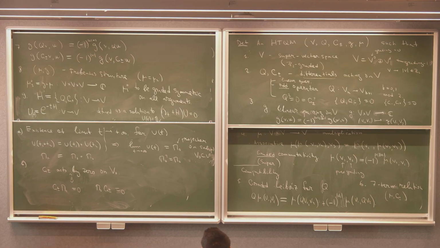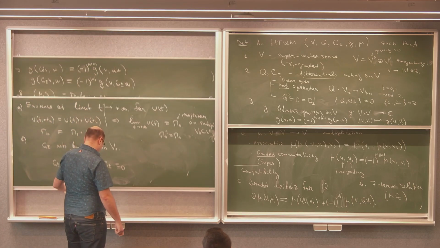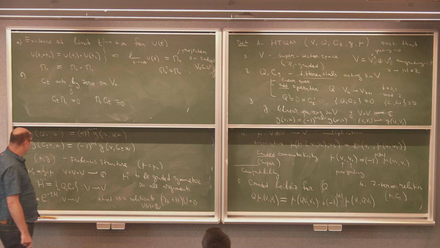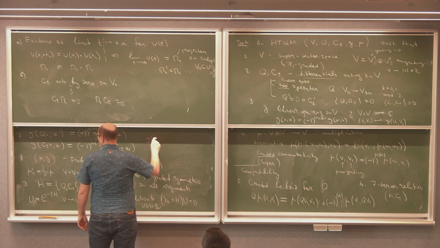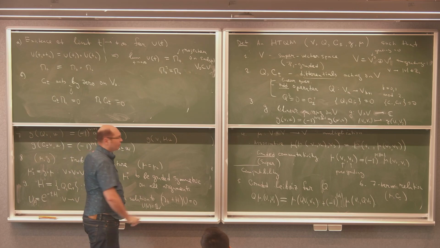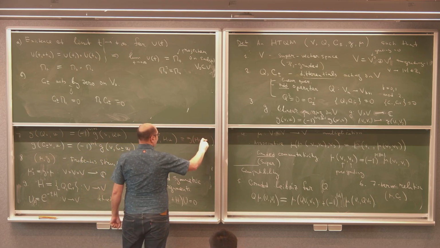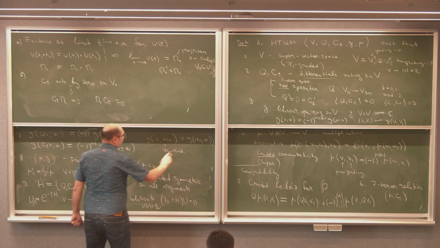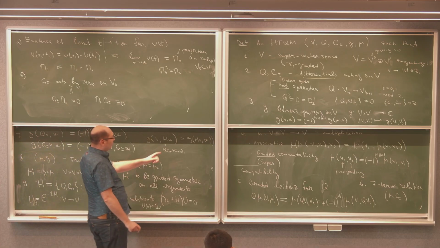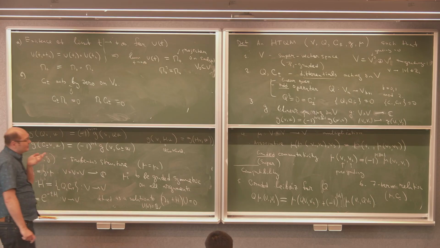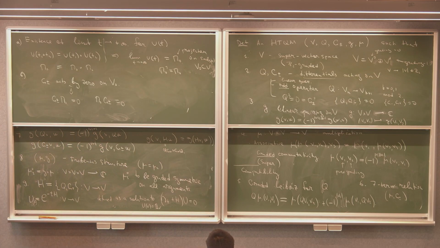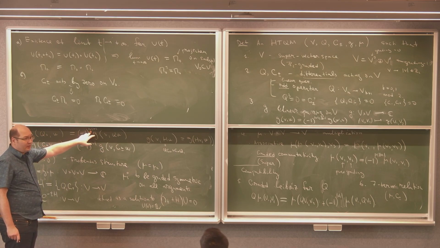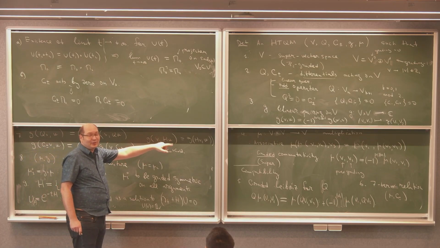I think the simple reason is that we want... So we have this Hamiltonian operator, which is built from Q and G plus, and it's called Hamiltonian for a reason: we want it to be really Hermitian with respect to this pairing. So take H of V, W, and by construction H is Q G plus plus G plus Q. And now to get this operator Hermitian, we actually need that flipping Q and flipping G plus give us different signs, because when we flip Q, we get some sign that depends on the parity of vector V, but this vector V will be G plus acting on some other vector.